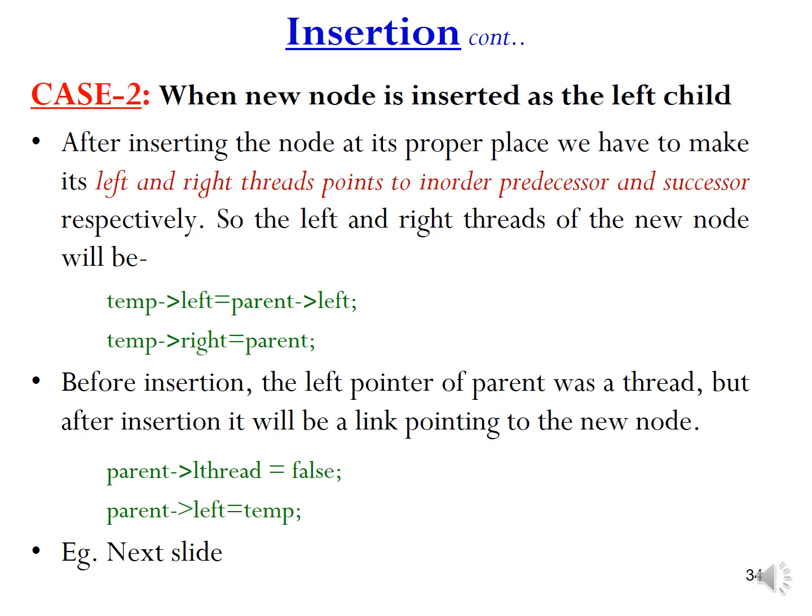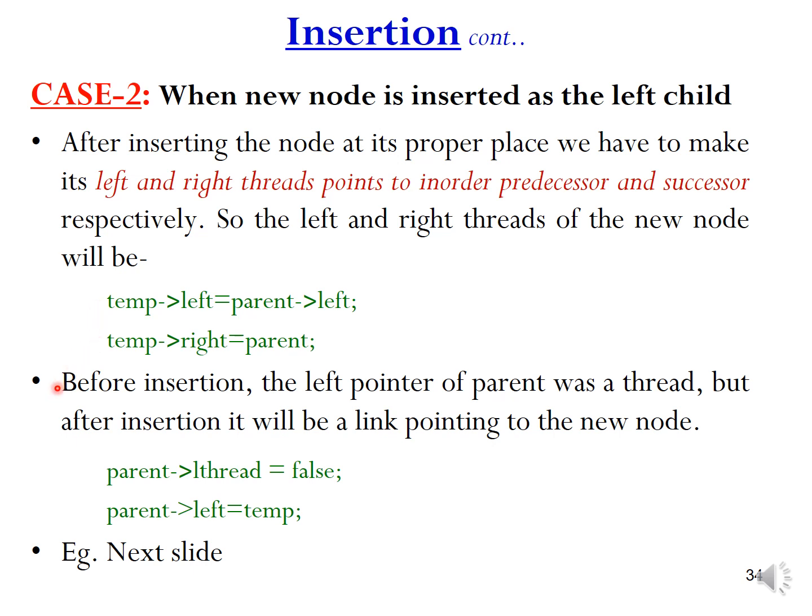So this is case 2. In this case, when a new node is inserted as the left child, after inserting the node at its proper place, we have to make its left and right threads point to the inorder predecessor and successor respectively. So after inserting, temp left will be parent left and temp right will be parent.